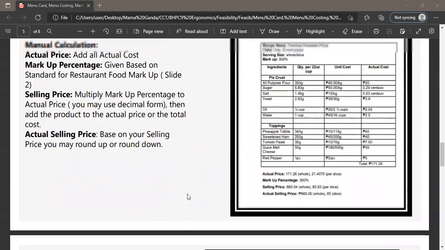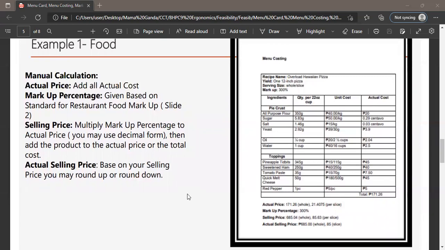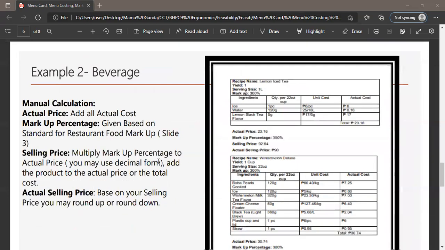Okay. So I will give you another video for the computation of the actual cost per ingredient and how you are going to compute the actual price, the markup percentage, the selling price, and the actual selling price, with formula and example. Okay, so this computation can also be used with the beverage.